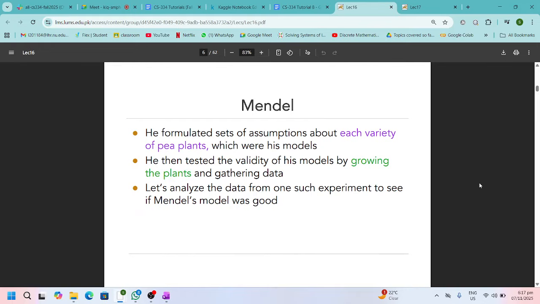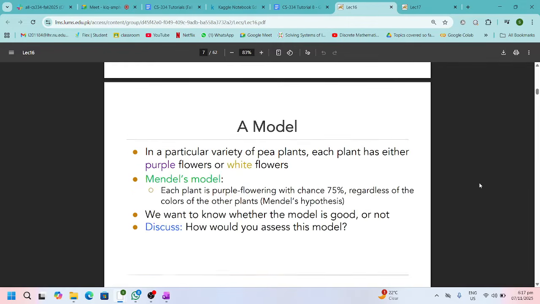Pea flowers had two different colors, either purple or white. Mendel's model made one simple claim: the probability that any plant will have purple flowers is 75%, and the probability that any plant will have white flowers is 1 minus 0.75, 25%. This was his model.